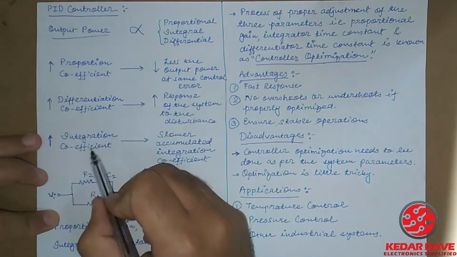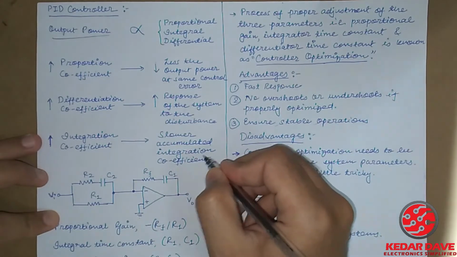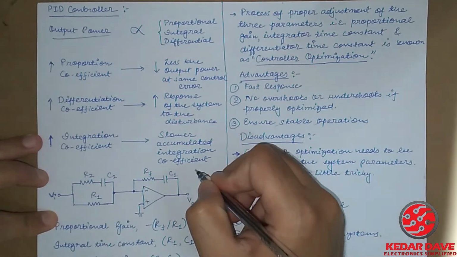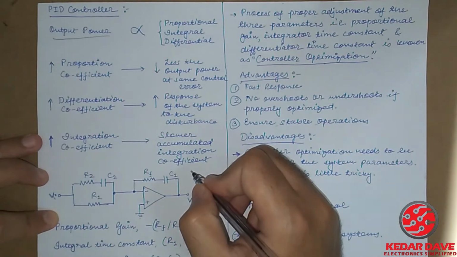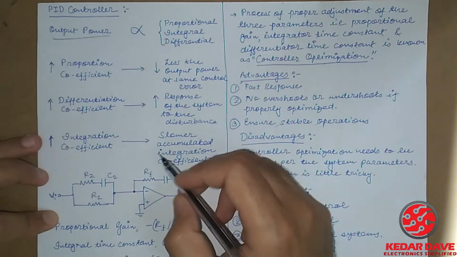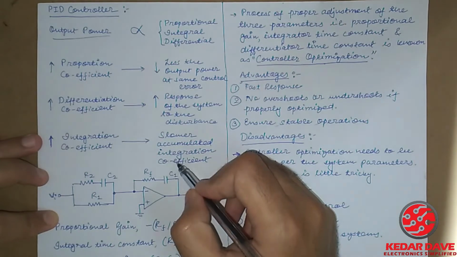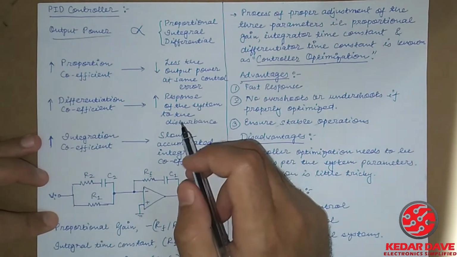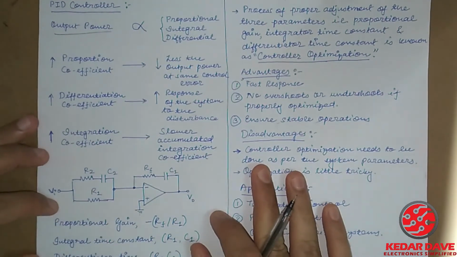And if the integration coefficient is higher, then we will have a slower accumulated integration. In this condition, it is due to the capacitor, right? Whenever the circuit introduces a capacitor, the response will be a bit slower, right?